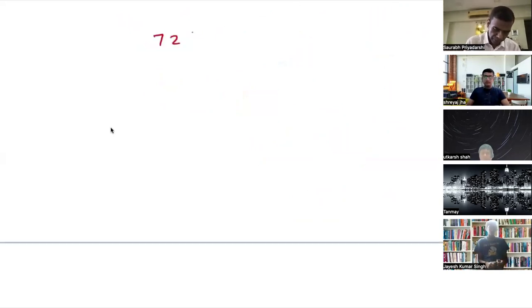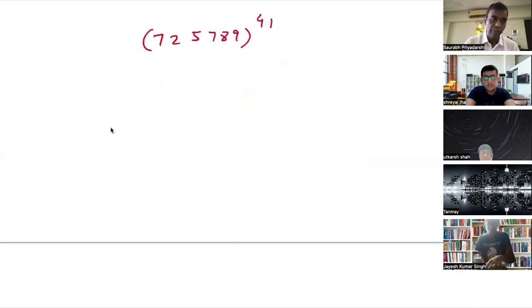72578 nine to the power 41. Find last 2 digits of this number. Last 2 digits of this number.